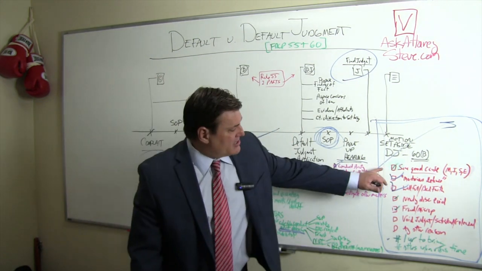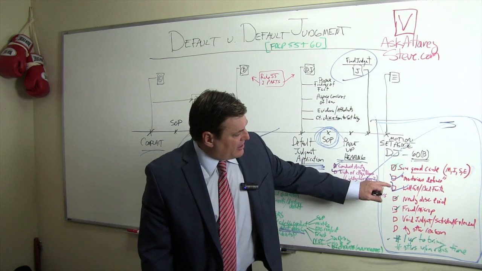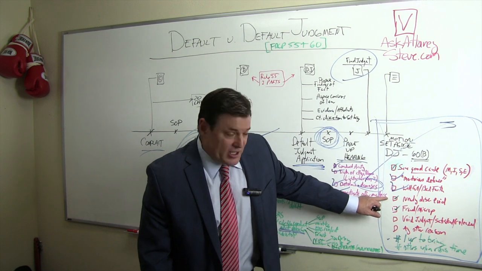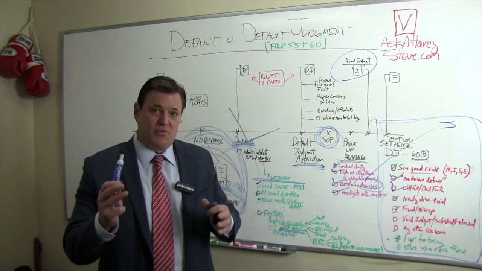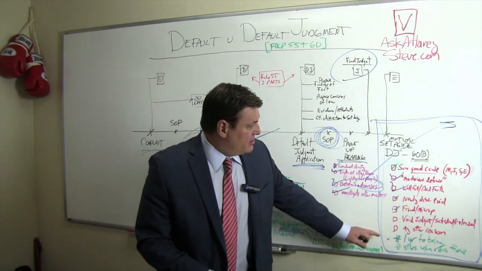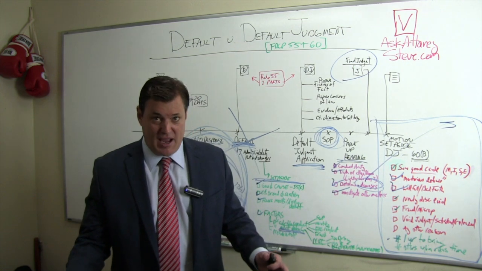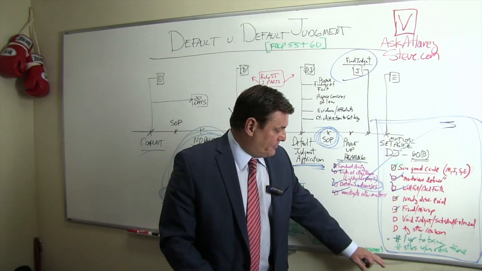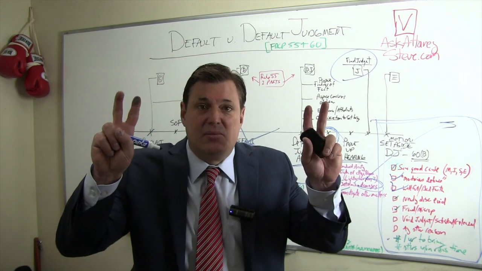Now, for these ones that I have checked in green, if you can see that: mistake, excusable neglect, inadvertence, newly discovered evidence, and fraud, misrepresentation, those are three different grounds. Those motions should be brought within 1 year. There may be some exceptions for equitable tolling, which we've talked about in other videos, or if it's any of these others, bring it within a reasonable time.